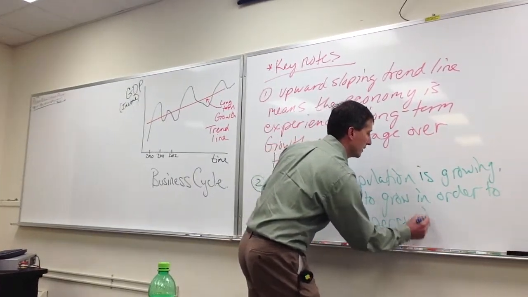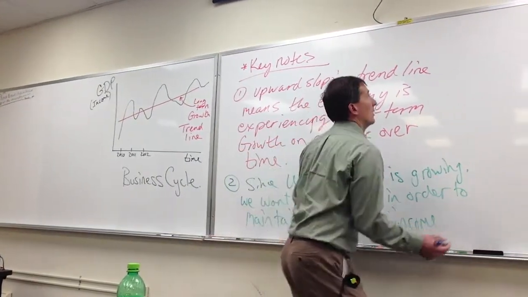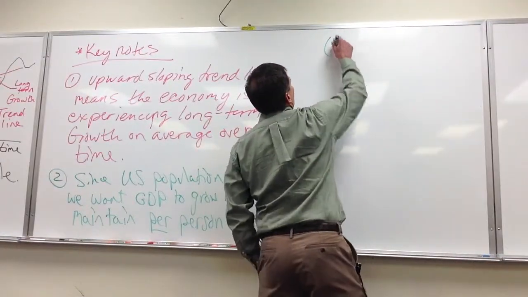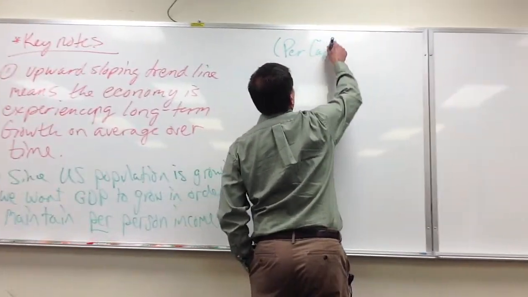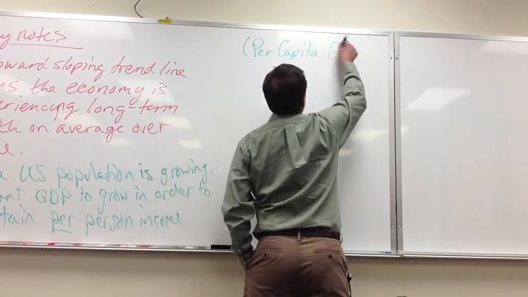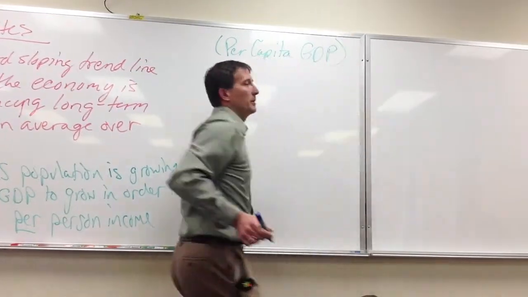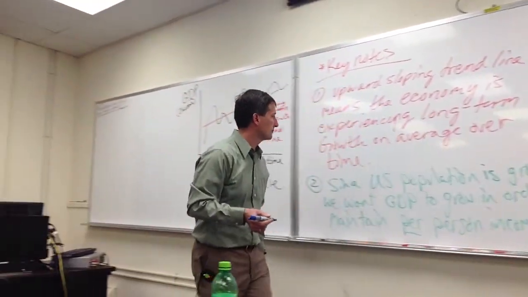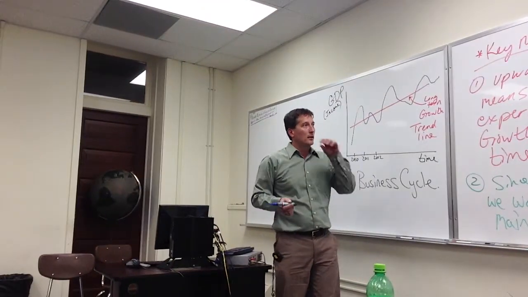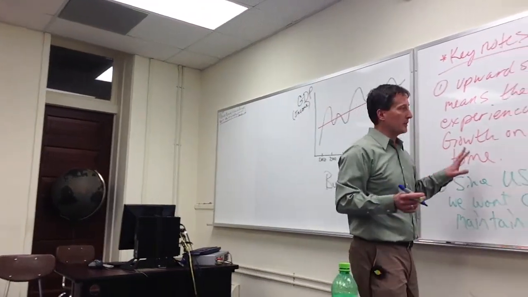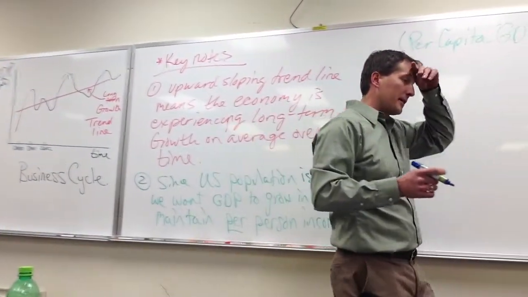Per person income, which we refer to as per capita GDP. Per person GDP, or income per person. So that's another little side note to keep in mind as we think about this.